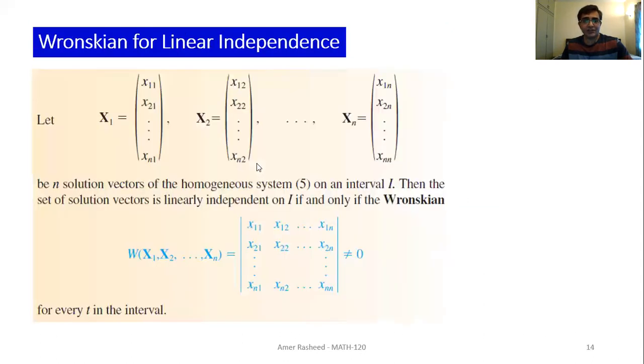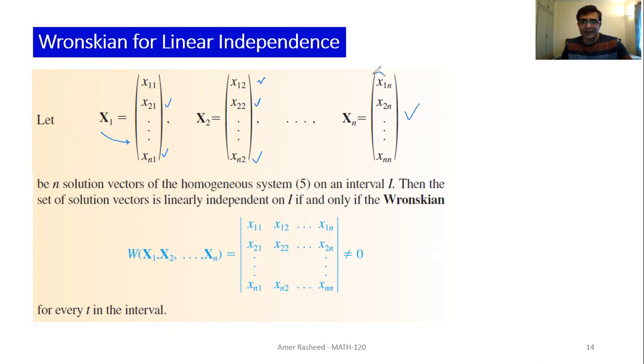Now, what is the Wronskian? Suppose x1 is a vector defined in this way, x11, x21, xn1, and x2 is x12, x22, and so on, xn2, and similarly we can define xn, which contains x1n, x2n, xnn.